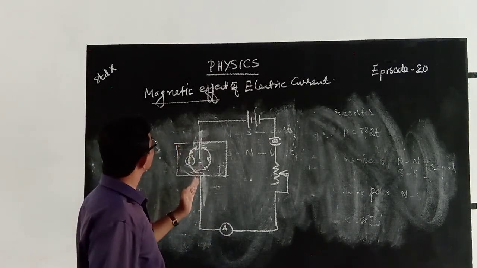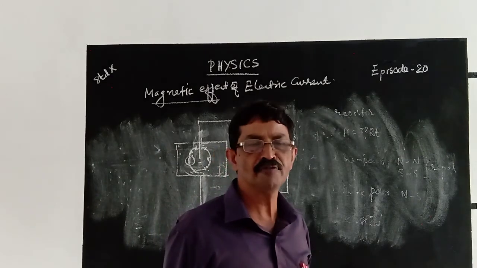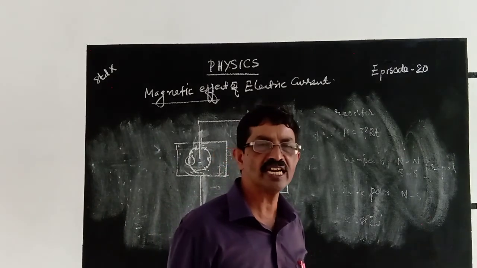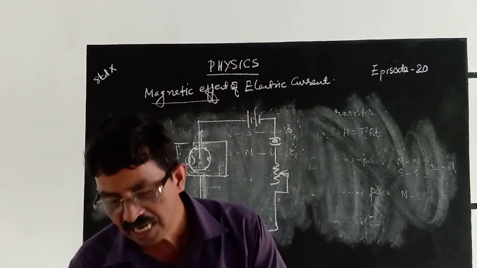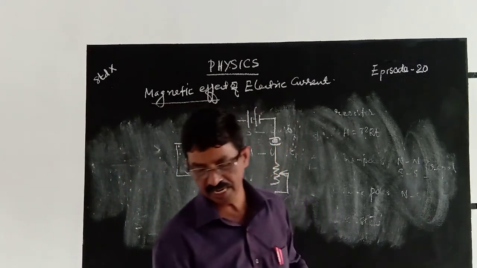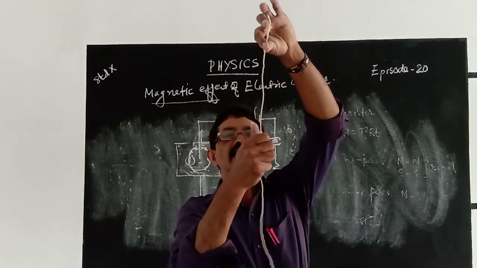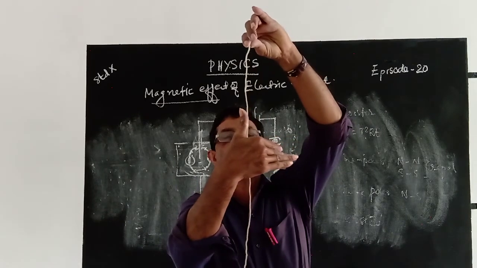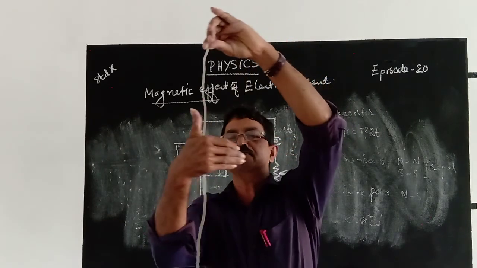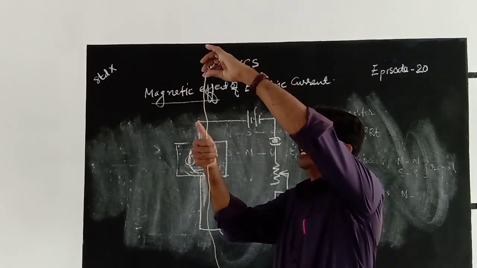This direction of magnetic field can be obtained from Fleming's right hand rule. That means if the conductor is held with our right hand, then the thumb points in the direction of current, and the fingers, you see, I am going to catch this in this direction.